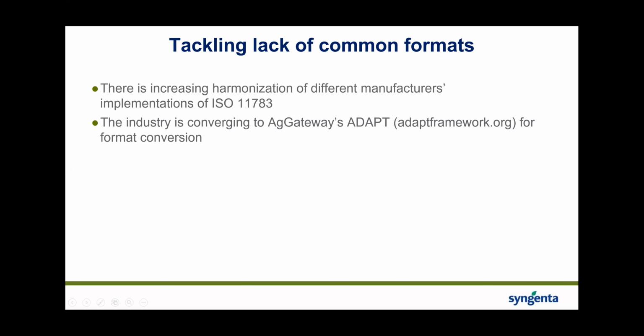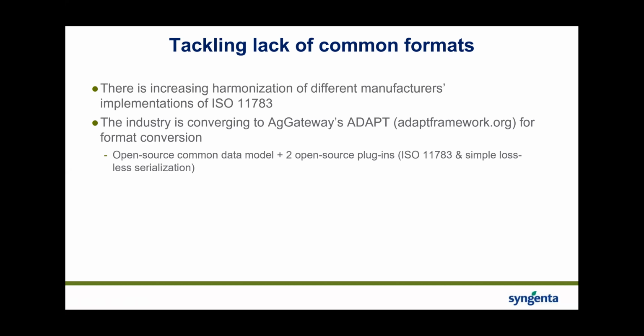AgGateway has come up with an ADAPT framework for format conversion, which is being adopted, and it's quite convenient. It's an open source common data model plus a couple of open source plugins, one for 11783 and another which is a simple lossless serialization that enables farm management information system to farm management information system communication.